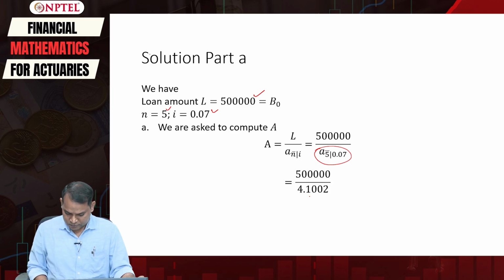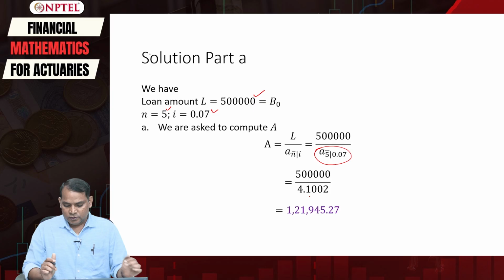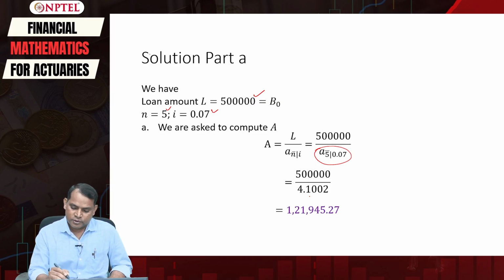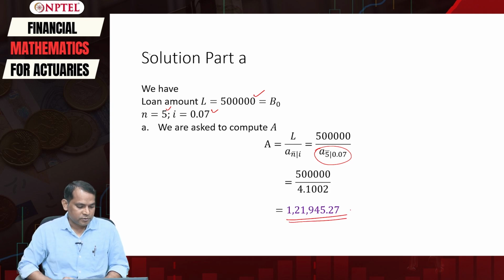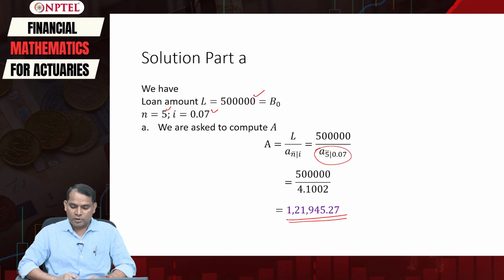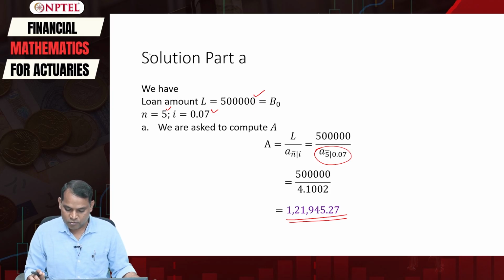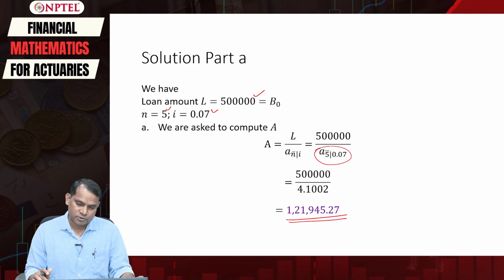Then the final answer will be 1,21,945.27. This is the loan installment amount, out of which, as you already understood, some will go towards the interest payment and some towards the principal payment.